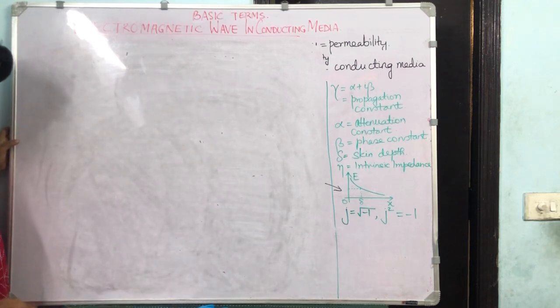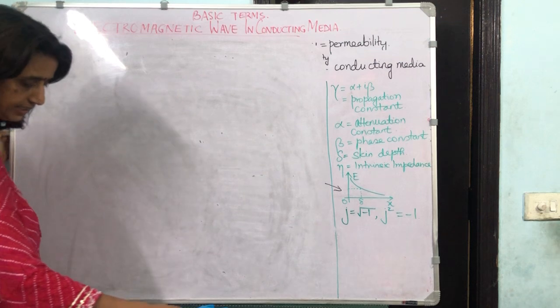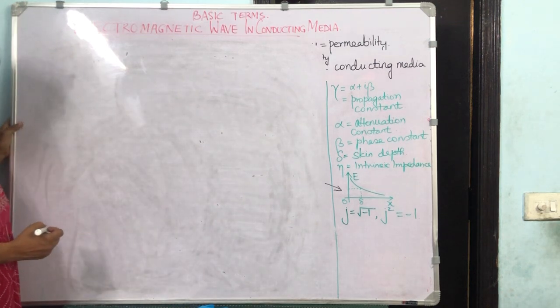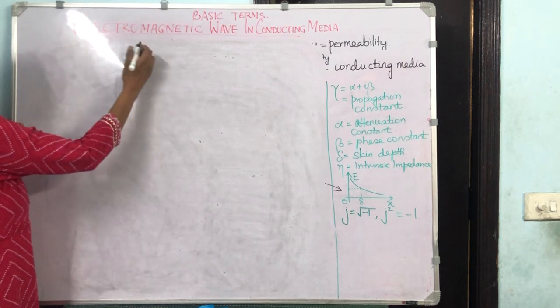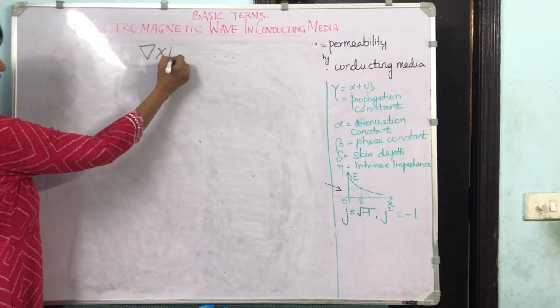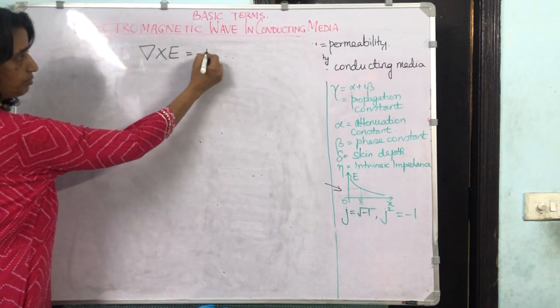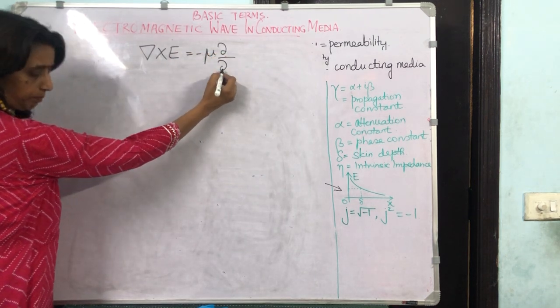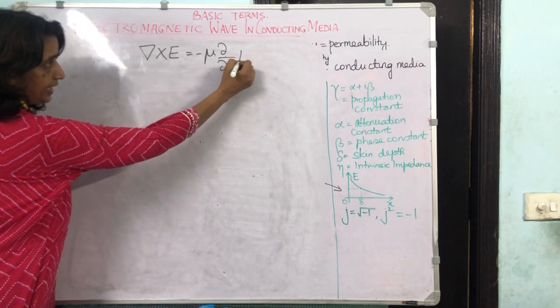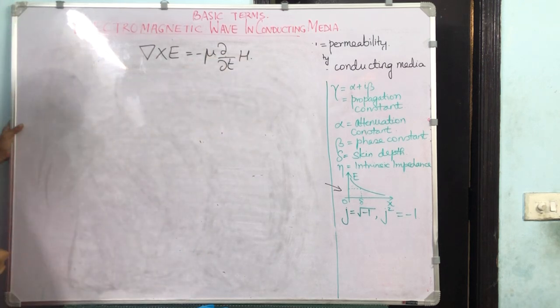So the other method of finding intrinsic impedance is from Maxwell's equation for free space. The third equation is del cross E, that is electric field intensity, is equal to minus mu del upon del t into H, where H is magnetic field intensity.